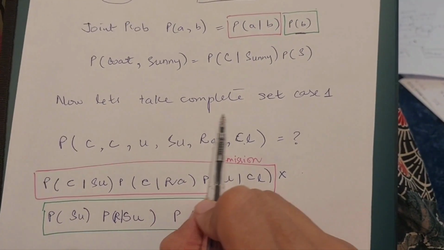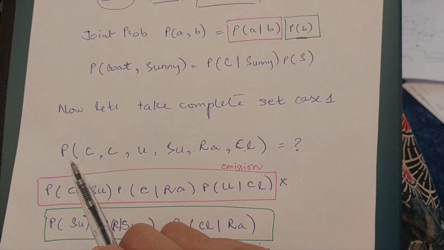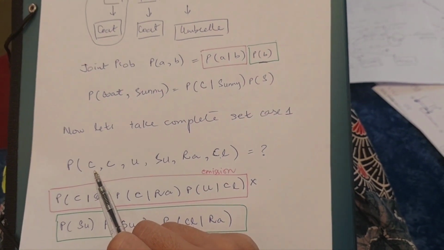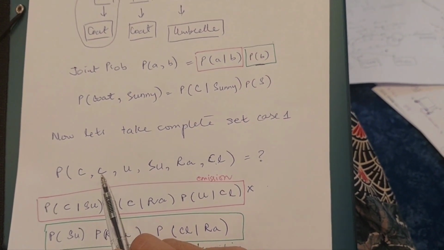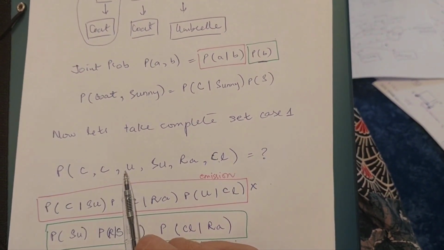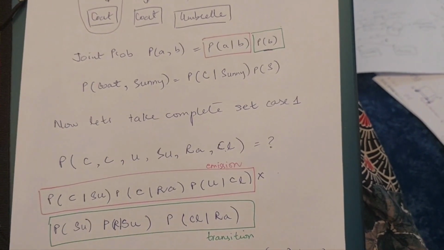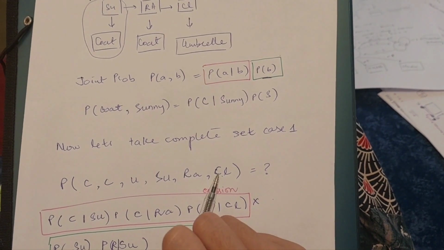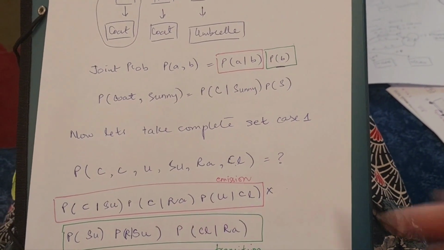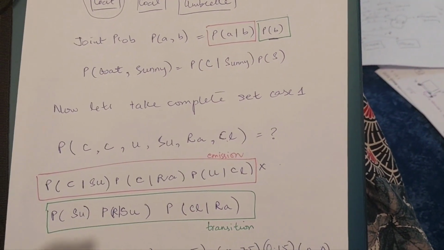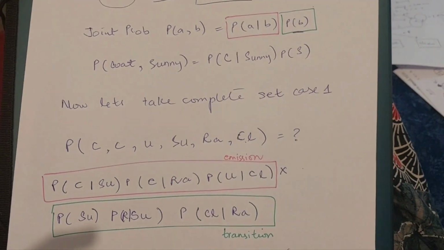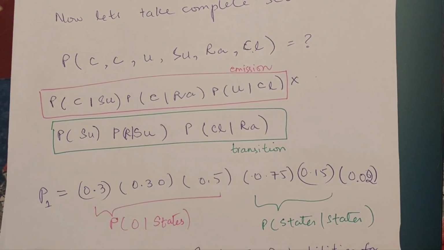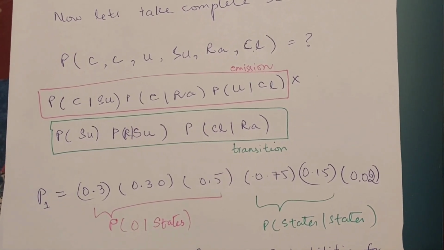When I consider this complete case, I will write the probability of the person wearing coat, again wearing coat, then putting on an umbrella, and the weather over there is sunny, rainy, and cloudy. When I have to find this probability, I have to use the joint probability equations.